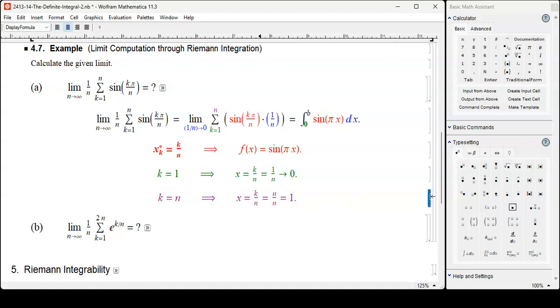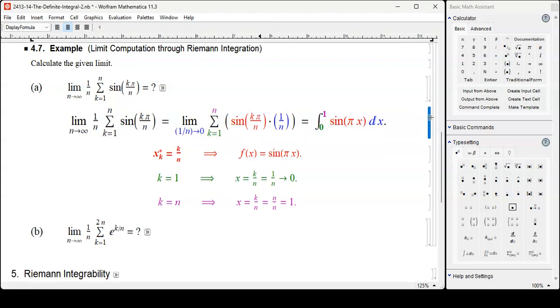Let me highlight it in purple. And this one here, consequently, is becoming 1. Maybe a little bit bigger font will be helpful. So what did we get? We get this integral computation. Calculating this integral using the fundamental theorem, that should not be too much of a problem.